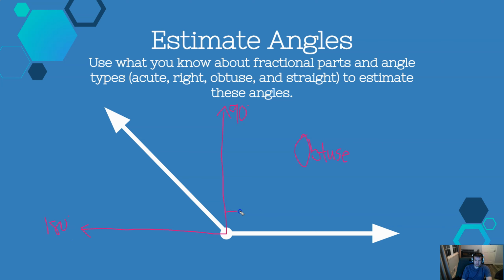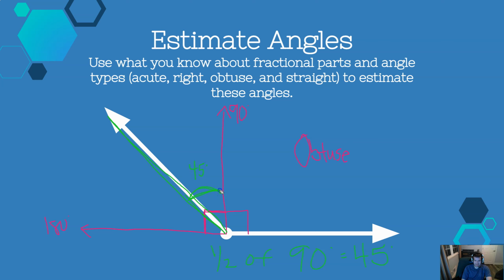Well, if we know that this side is 90 degrees, well, 90 plus 90 gives you 180, so wouldn't this side also have to be 90 degrees, right? And if that's true, we're basically splitting that 90 degree angle in half, right? Half of 90 is 45 degrees. So what you're noticing is, from here to here, if we made a prediction, would probably be 45 degrees.